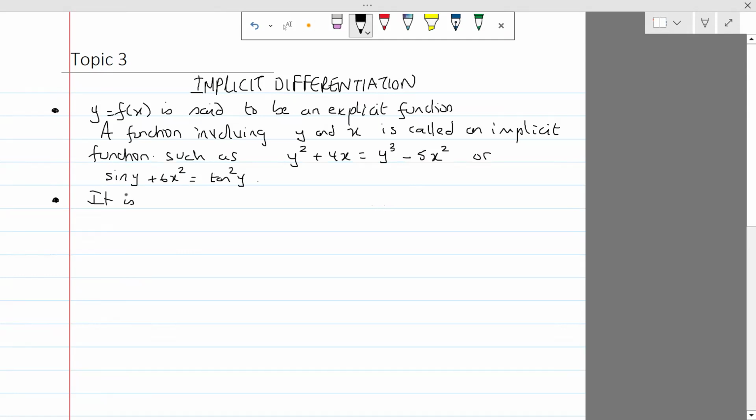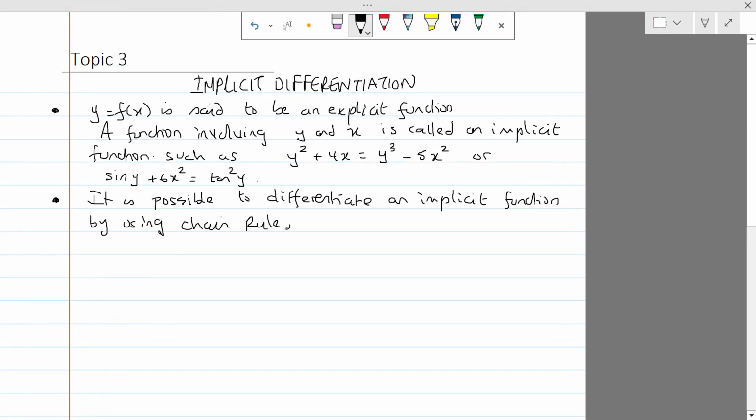It is possible to differentiate an implicit function by using the chain rule.